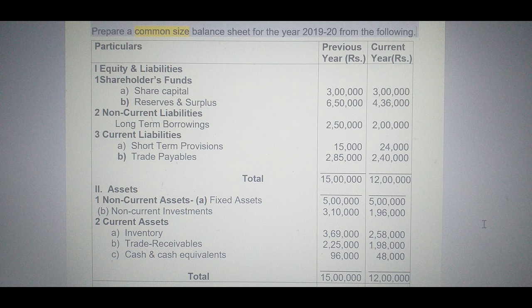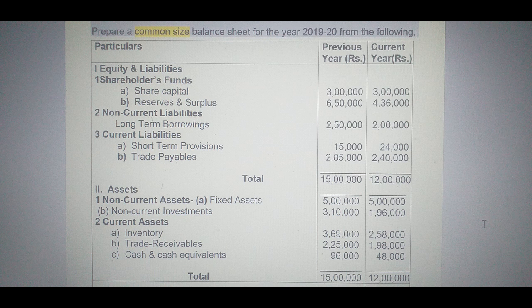Non-current liabilities: long term borrowings 2 lakh 50,000 for previous year, 2 lakh for current year. Next is current liabilities. A. Short term provision 15,000 for previous year, 24,000 for current year. B. Trade payables 2 lakh 85,000 for previous year, 2 lakh 40,000 for current year. So total of previous year is 15 lakh, total of current year is 12 lakh.